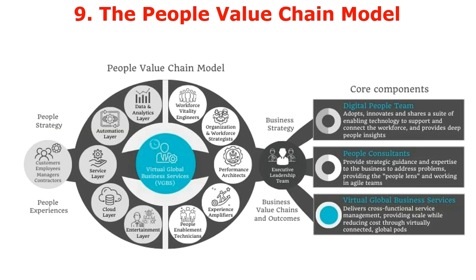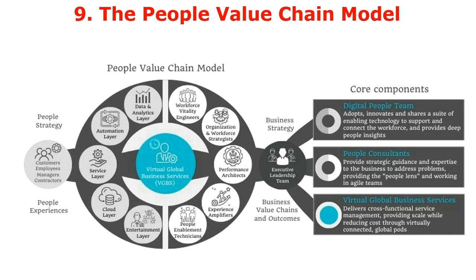Now next one is the people value chain model. The people value chain model, developed in early 2021, is a futuristic HR model. This newly built model is a deliberate departure from the Ulrich model and puts an emphasis on delivering long-term value creation across four key areas: financial value, consumer value, social value, and human value.